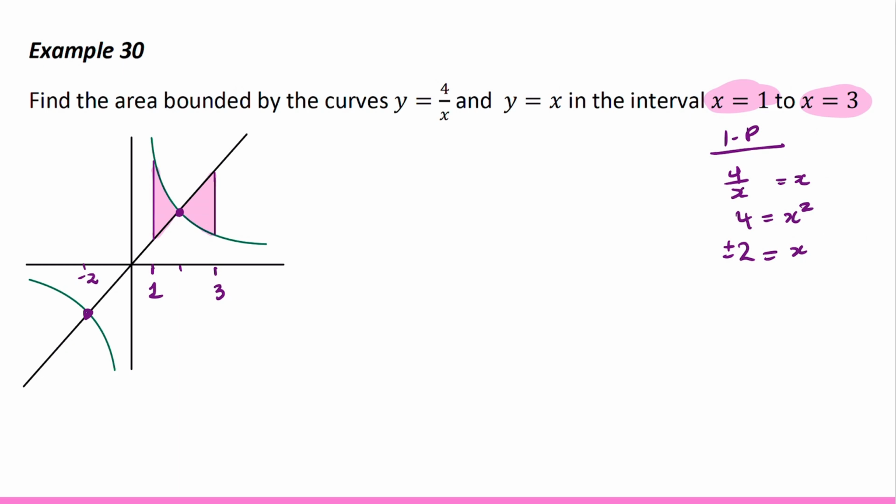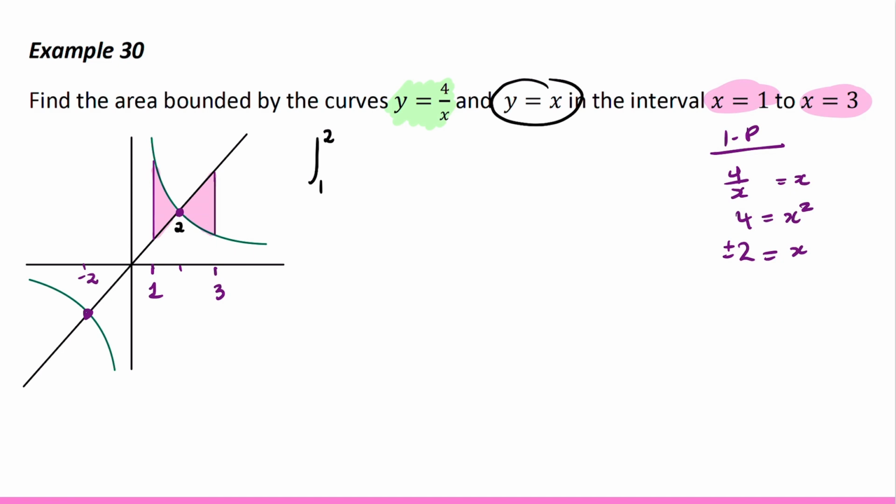So another reason why we need to know this intersection point is it does form our boundary. So for my first integral, I'm going to integrate between 1 and 2 of the green line. Let me just highlight what is what. So this is the green curve, and this one is the black curve. I can't really highlight in black, I'll just circle in black.